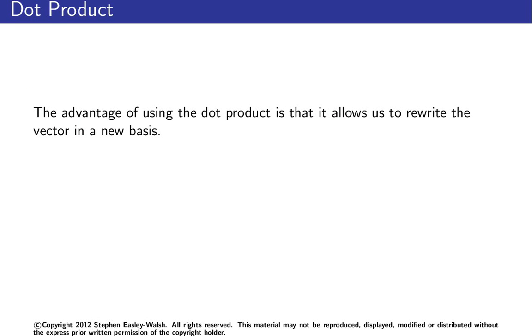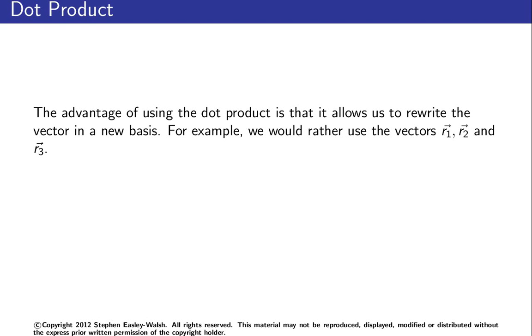The advantage though for us right now of using the dot product is that it allows us to rewrite the vector in a new basis. For example, up to now we're using i, j and k, or maybe i and j if it's 2 dimensions. But we'd rather use the vectors r1 and r2 and r3. So we're using i, j, k, and that's fine, but we'd rather write our vector in terms of r1, r2 and r3.